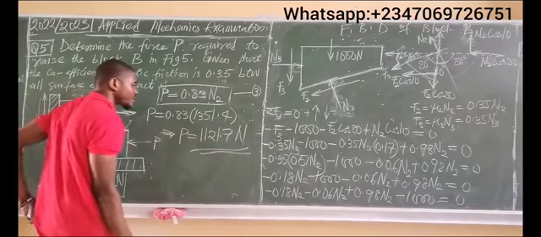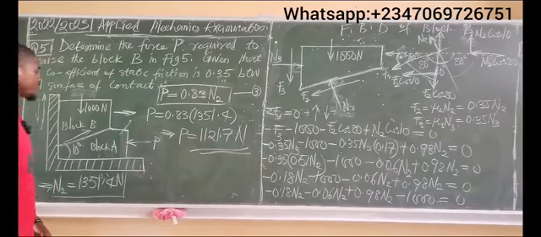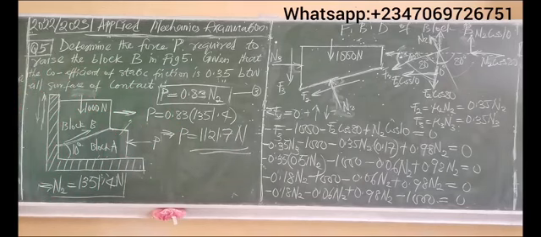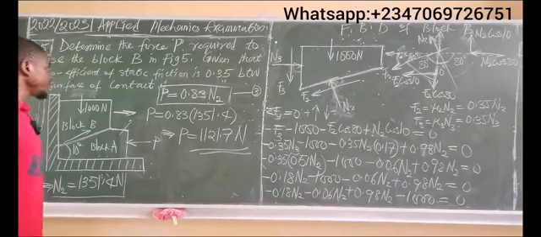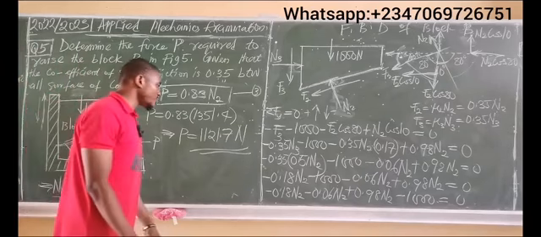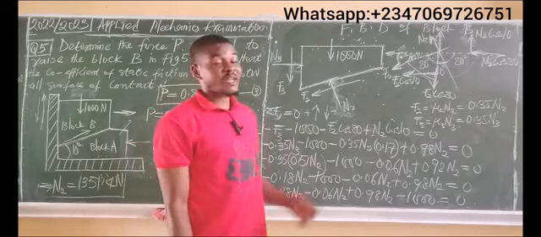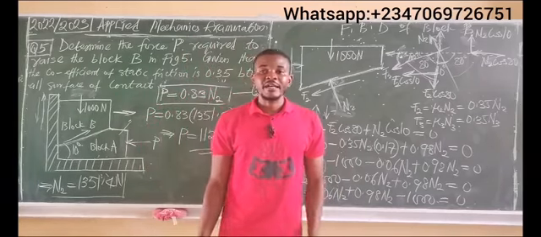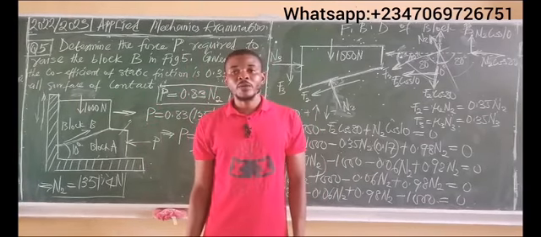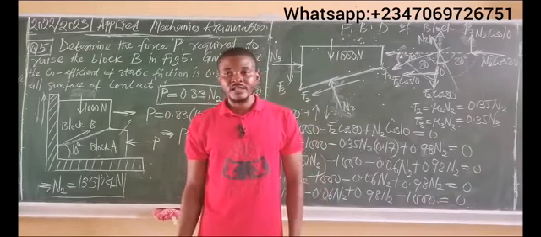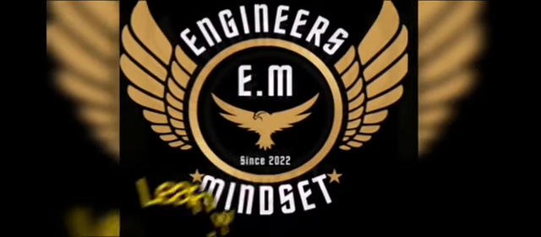Okay, so this is now the value of P, which is required to raise the block B in figure 5. That's the value of P, 1121.7 newtons. All right, guys, so that's it on question 5. In the next video, I will see you on question 6. Thanks and cheers.